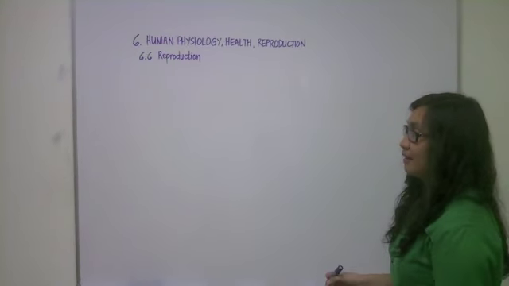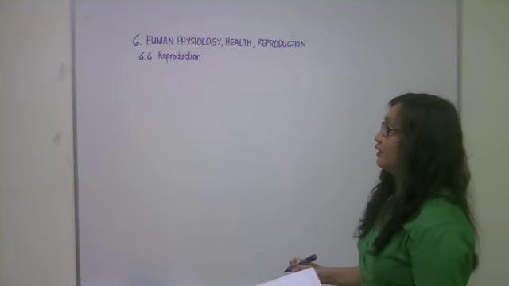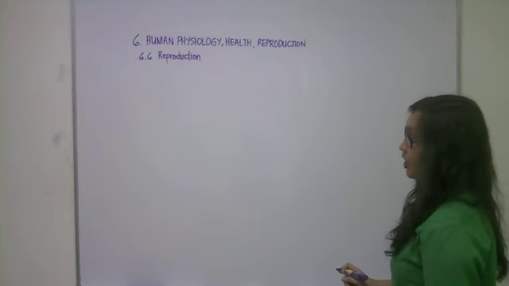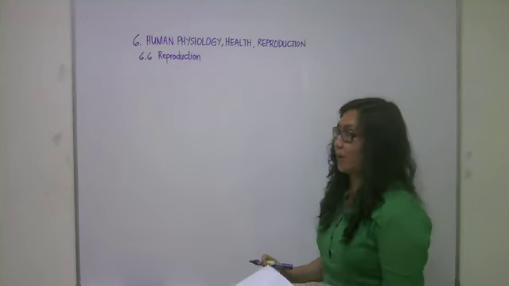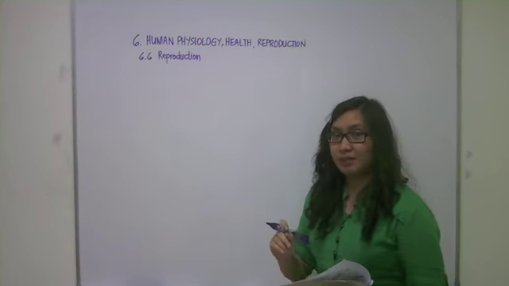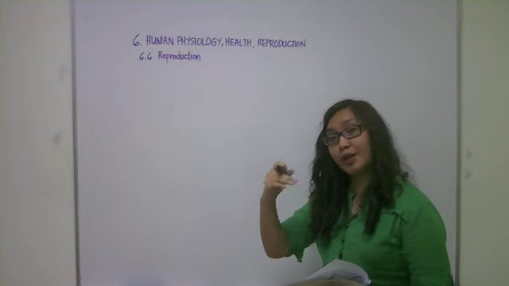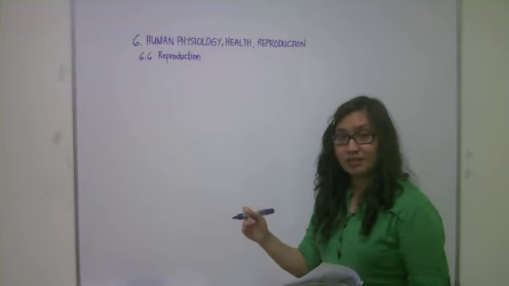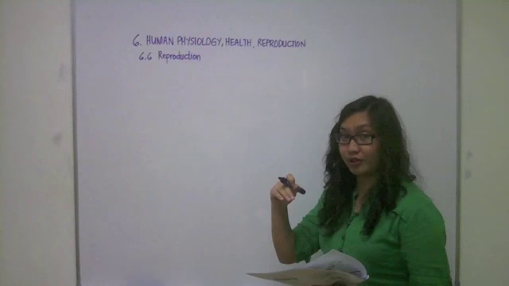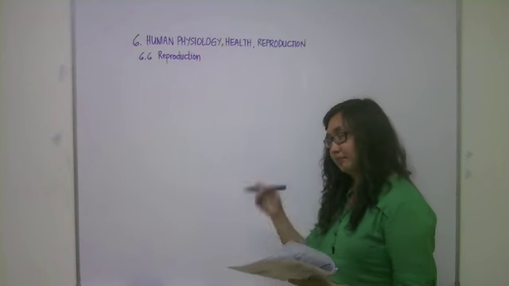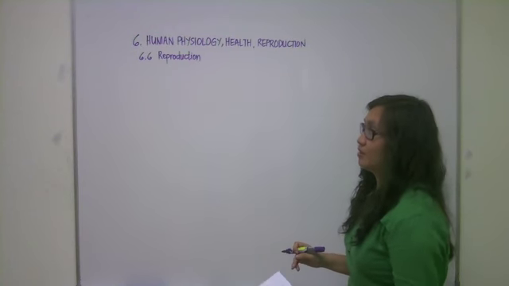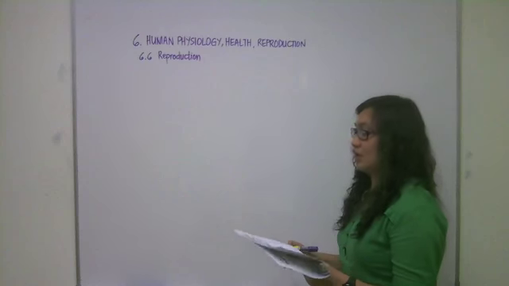The last topic that we are going to discuss under the chapter Human Physiology, Health, and Reproduction is the reproduction part. This is just the core part of reproduction, because the other details needed are found in the next chapter, the 12th chapter, which is the extended part of human physiology.